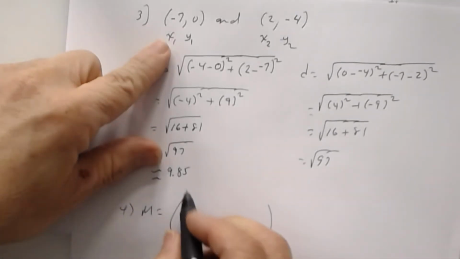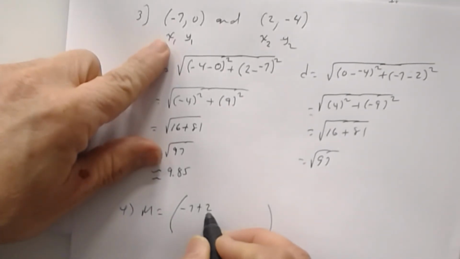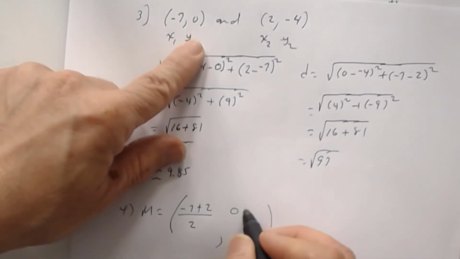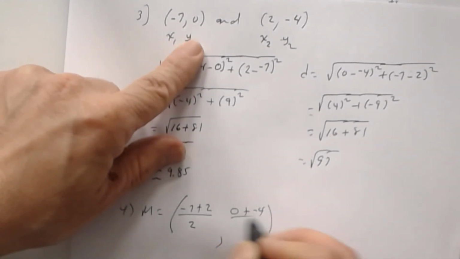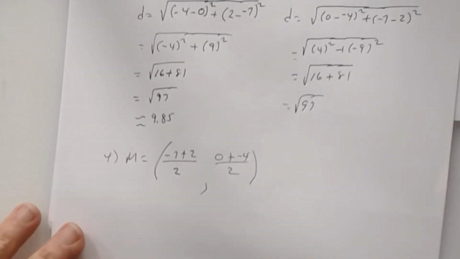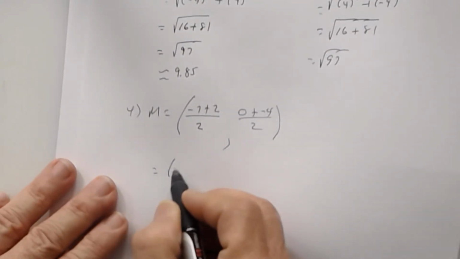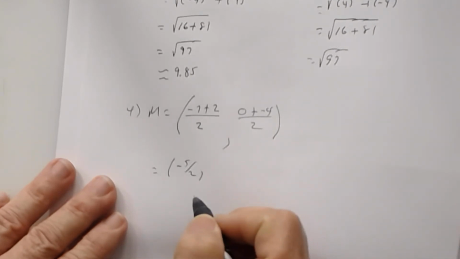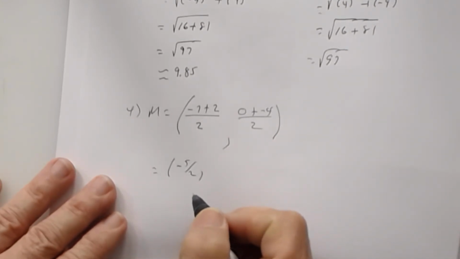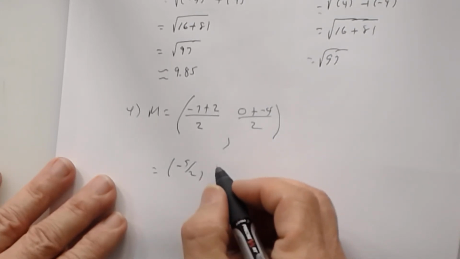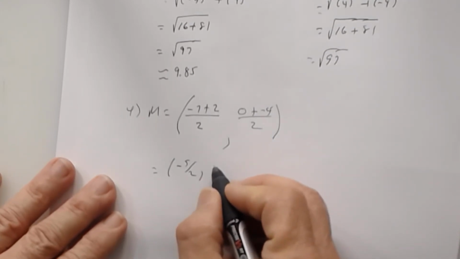So we're going to say negative 7 plus 2 divided by 2. Then the other will be 0 plus negative 4, divided by 2. What's negative 7 plus 2? Negative 5. So I get negative 5 halves as my x coordinate, so negative 2.5. And then 0 plus negative 4 is negative 4, and negative 4 halves is just negative 2. So that's your midpoint.